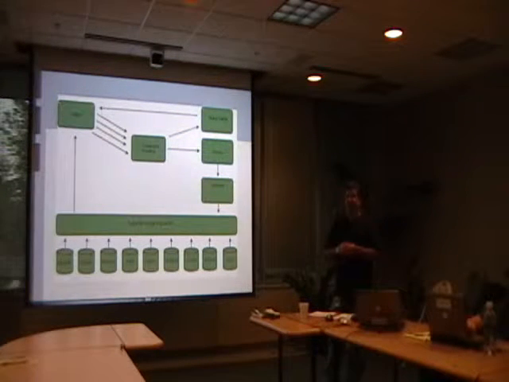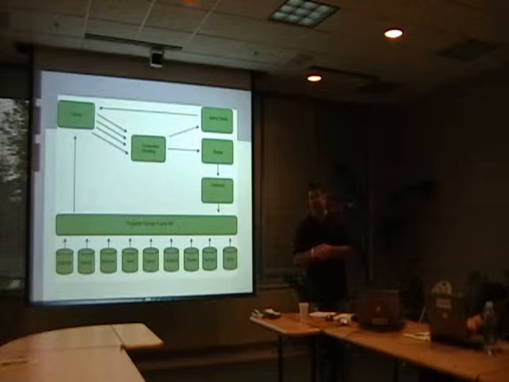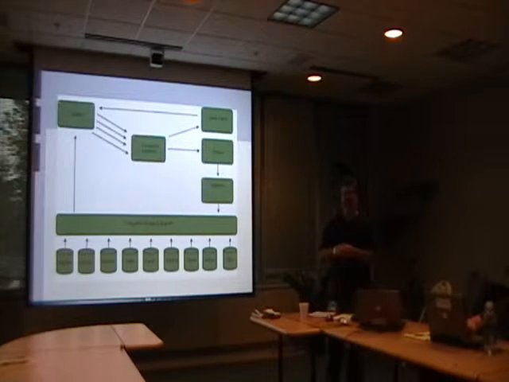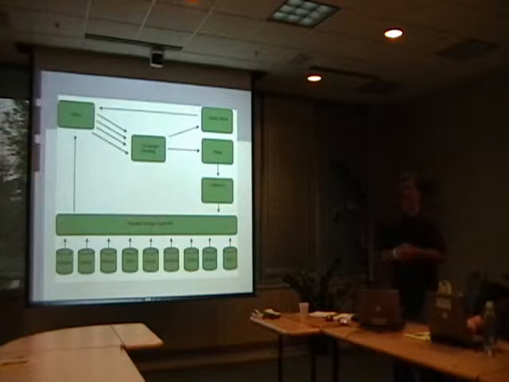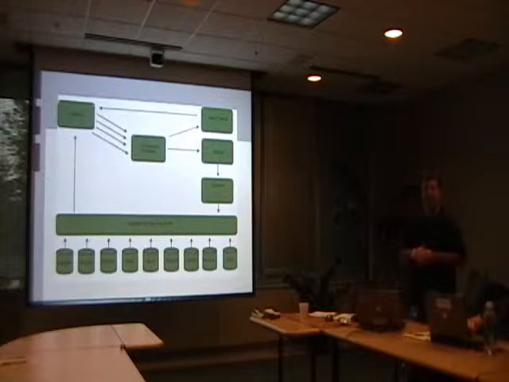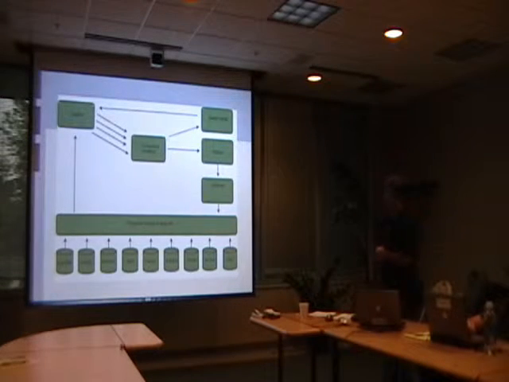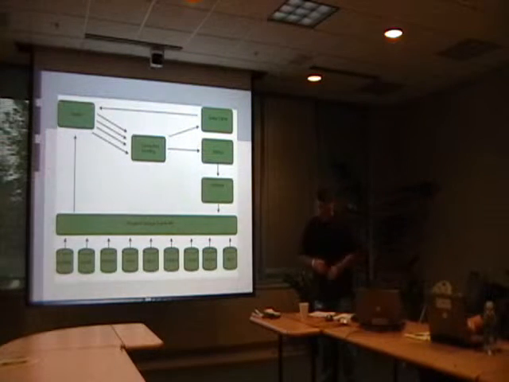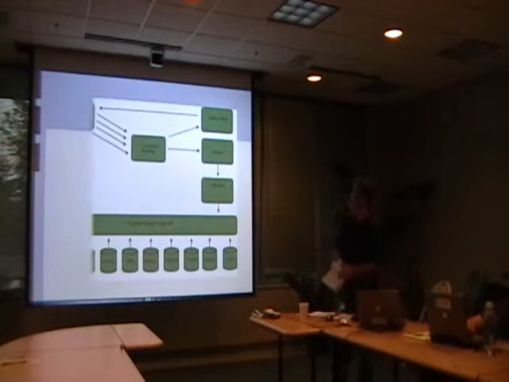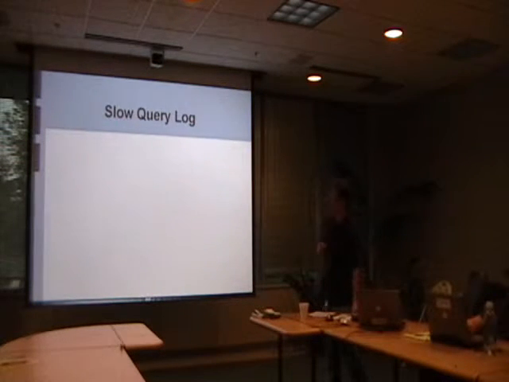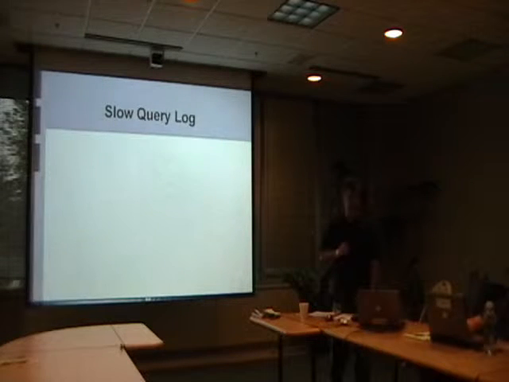Just in case you didn't know, InnoDB got bought by Oracle a few months ago. So everybody say boo. Boo. And honestly, even though they have license agreements or whatever, I think MySQL is looking to change their standard default engine. Now, really, I think Falcon's going to turn out to be a really good thing, but we need to move on. So, we're going to talk about the slow query log first.